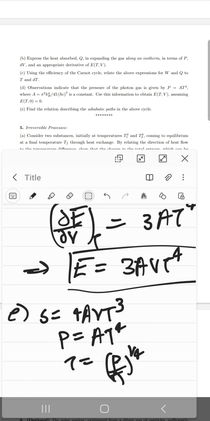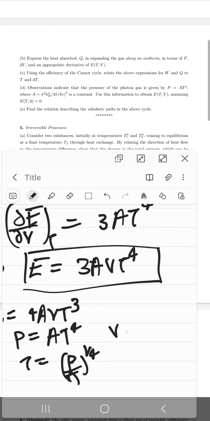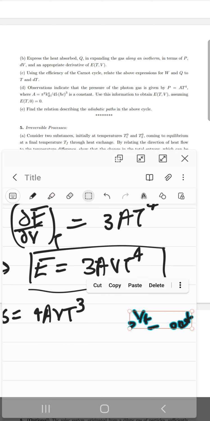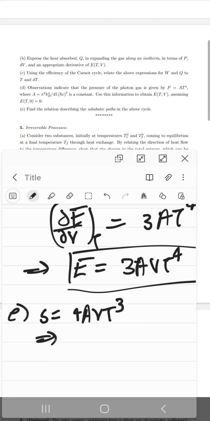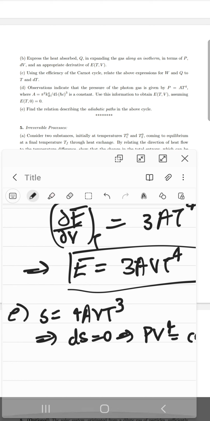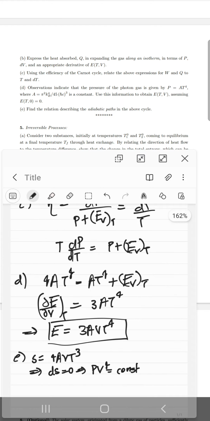We put that in there, and so you get V times p^(1/4) is some sort of constant. Or more like pV^4 is constant. That's better. So ds equal to 0 implies pV^4 is constant. Cool. Next question.